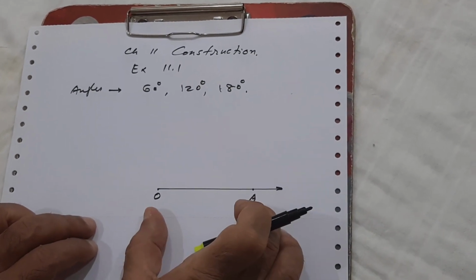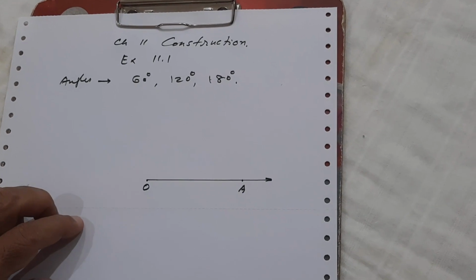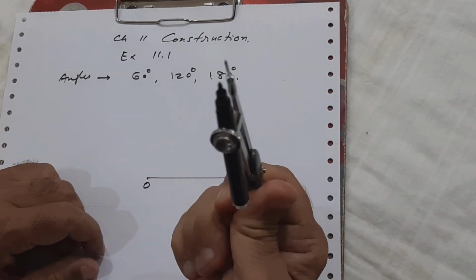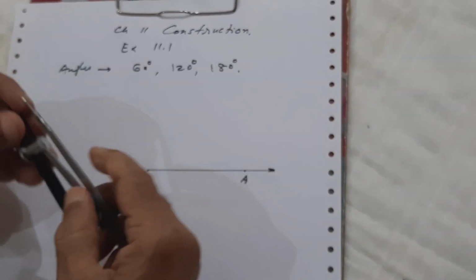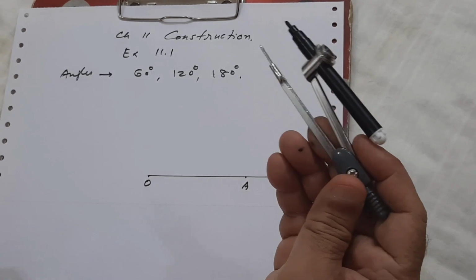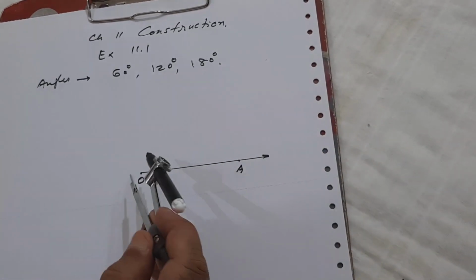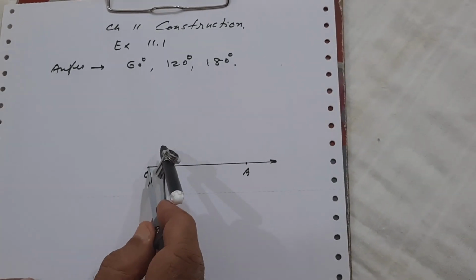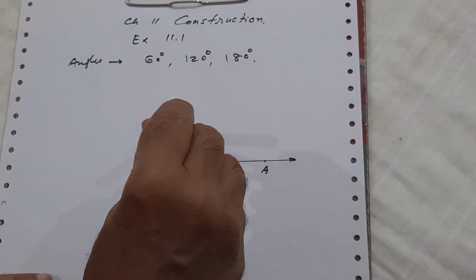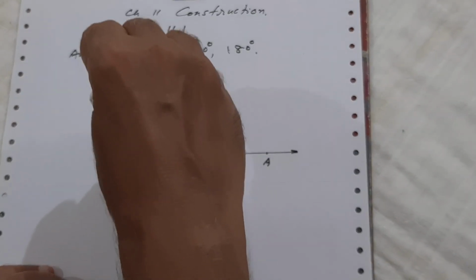Now first of all, we don't have to use protractor. We have to use only compass. So take some suitable radius. Taking O as the center, that means you have to keep your compass at O, draw one arc, full arc you draw.